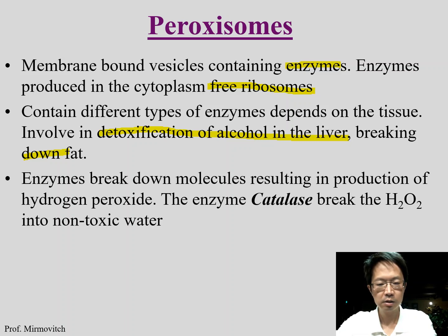They also produce hydrogen peroxide, and then the enzyme catalase breaks down hydrogen peroxide into non-toxic water. So the peroxisome also helps to break down hydrogen peroxide because it contains catalase to break it down into water.